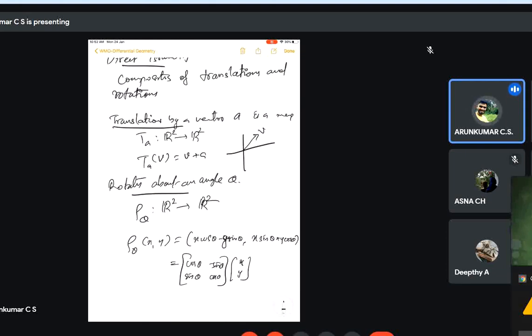so if I take some other vector, let's say V, then what will be V plus A?